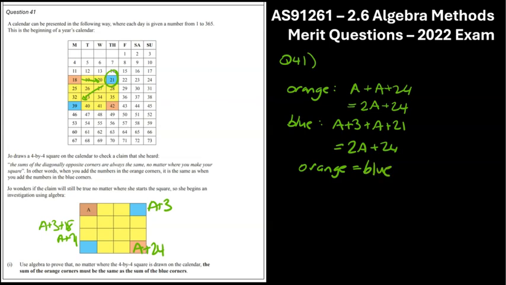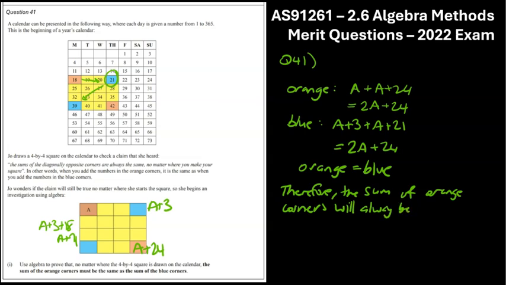And now, because it's a wordy contextual question, I'm just going to explain my answer in context. So it's going to be a bit annoying as I write this up. Therefore, the sum of orange corners will always be equal to, forgive my messy handwriting, to the sum of the... oh no, sum of the blue corners.